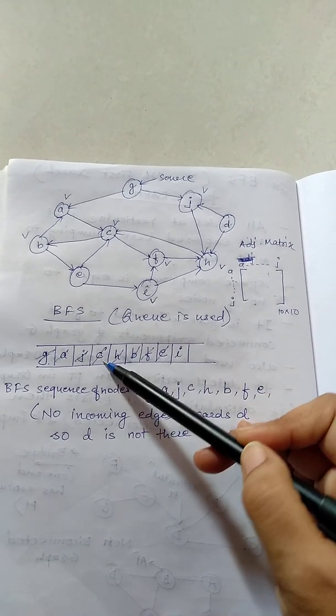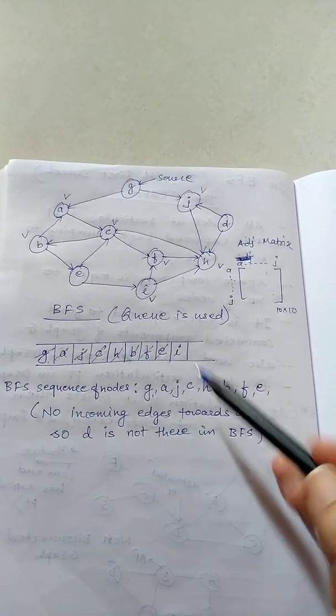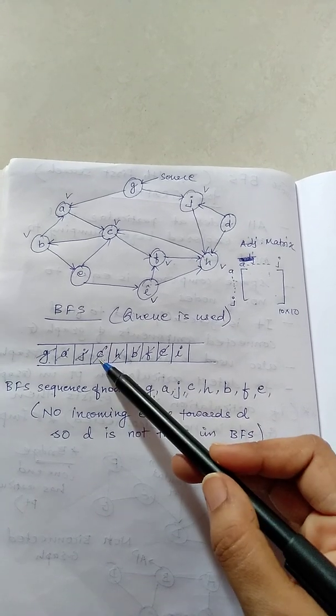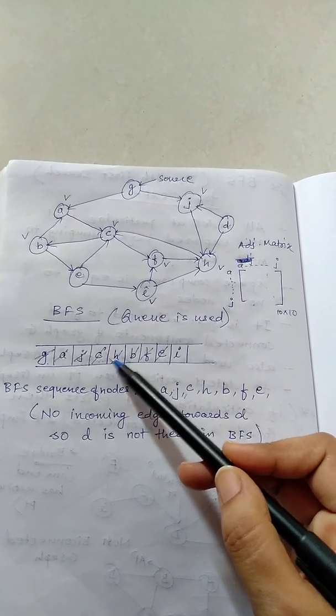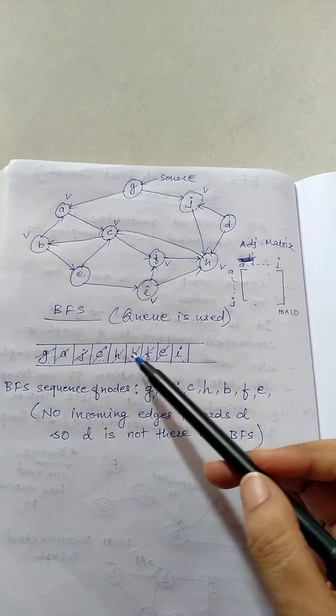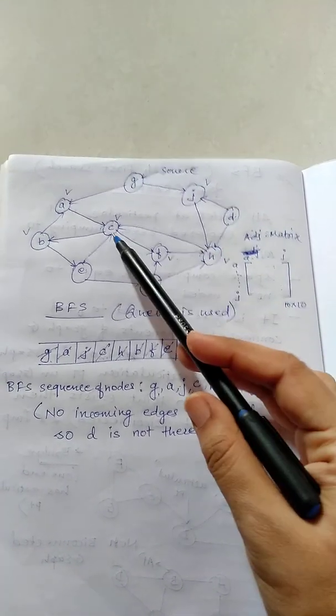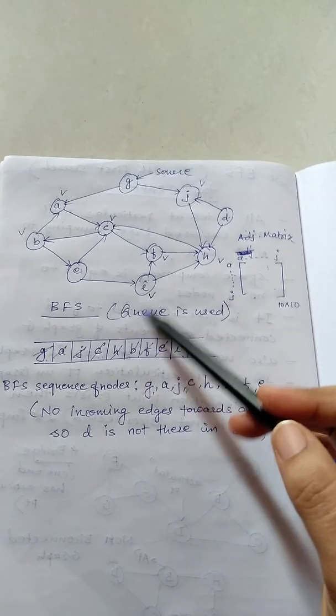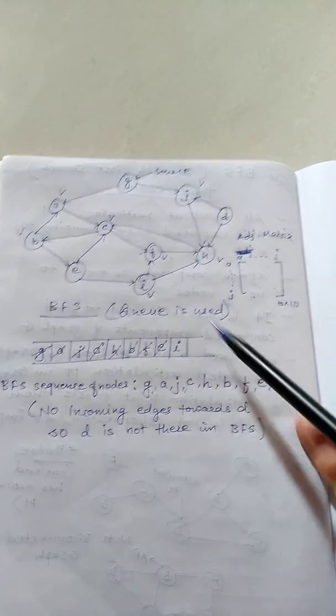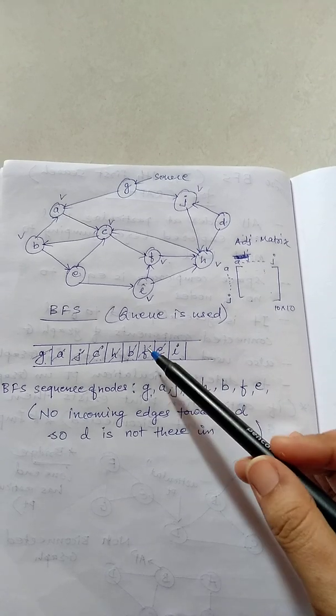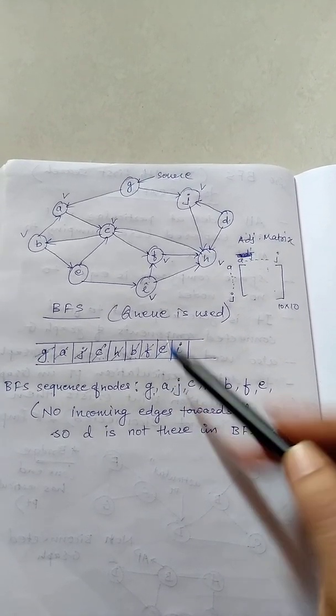Again, the queue is not empty, delete the element, print it, insert all the adjacent elements of C and mark them as visited. Similarly, H is deleted and printed; the adjacent node of H is C, which is already visited. So we proceed to the next node, that is B. Delete B, print B, insert all its adjacent nodes, that is F and E, and mark them as visited.